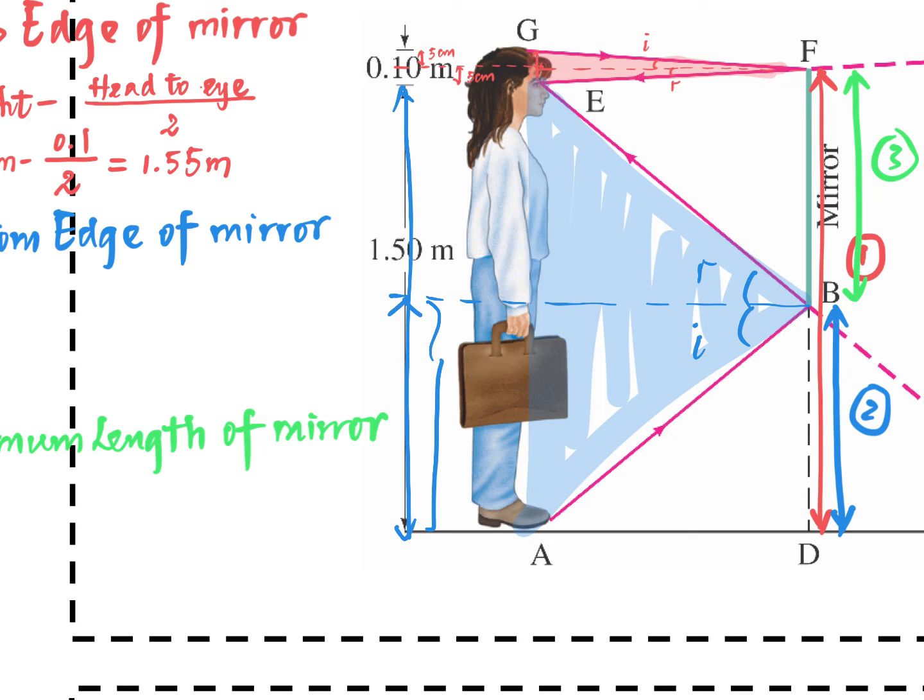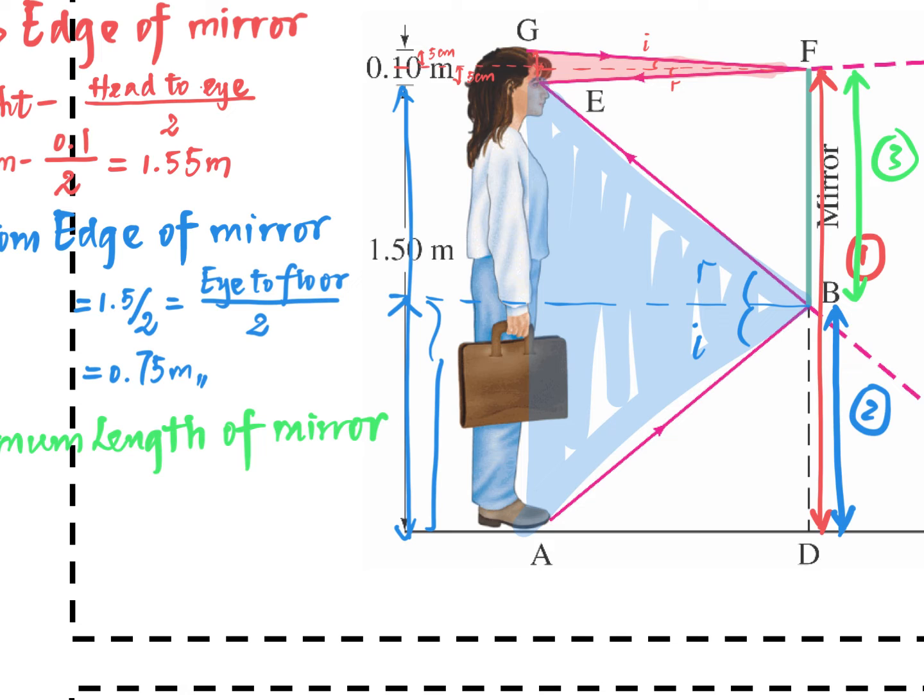In this case, numerically, the answer should be 1.5 divided by 2, which is the eye to floor distance divided by 2, which is equal to 0.75 meters.